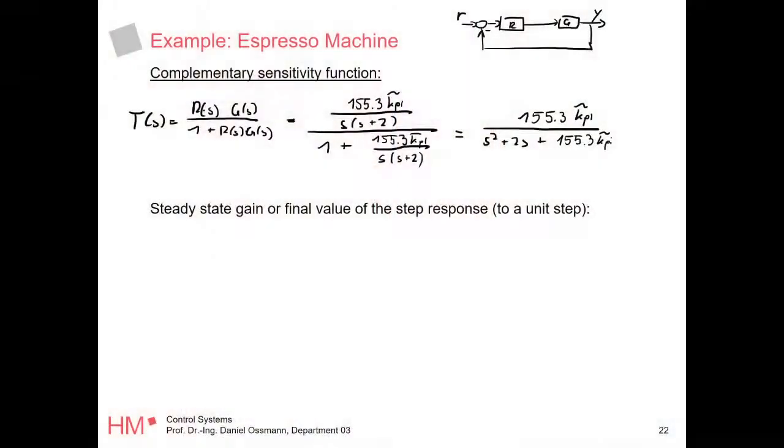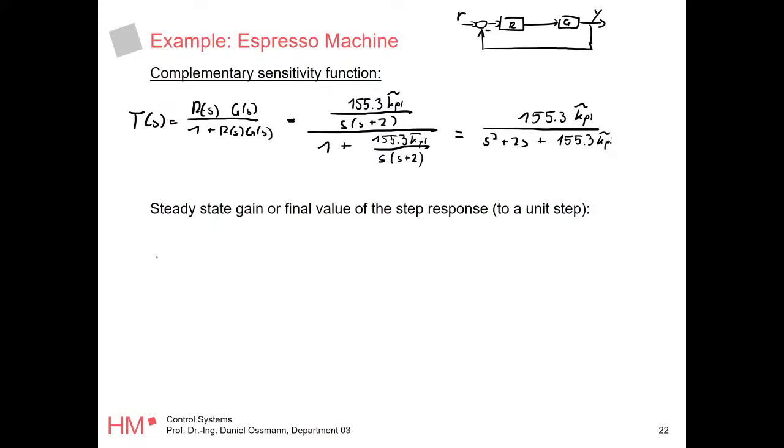Because a step is what a user would apply: you switch on your machine and you say, 96 degrees, I want to have that. Okay, let's see. So we are basically computing the steady state gain, or the final value of the step response.